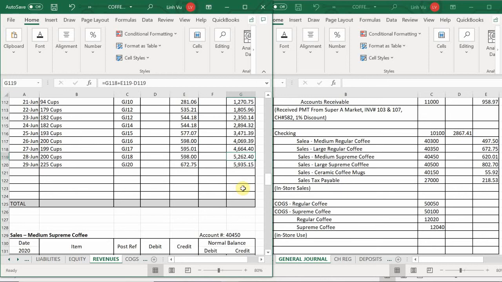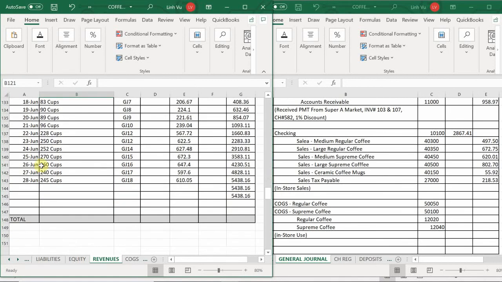I typed in 597. It should be 595. Oh, yes. 595. Now we are on the same page. Thank you. Perfect. $5,935.15. Good.